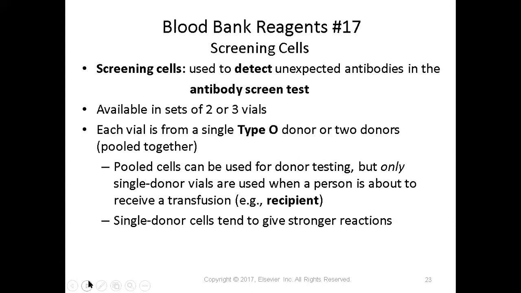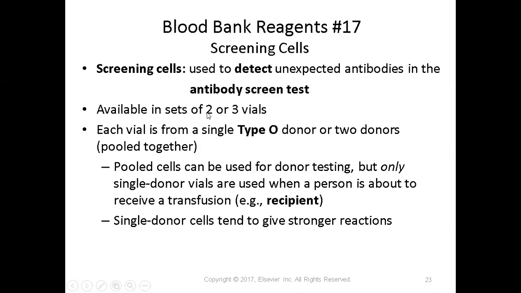We are not trying to detect ABO antibodies here. Remember, those are expected, and we know what to expect based on somebody's type, right? So these are the antibodies that a person may have formed from prior transfusion or pregnancy when they were exposed to the red cells of another, whether it's a donor red cell or a fetal red cell.